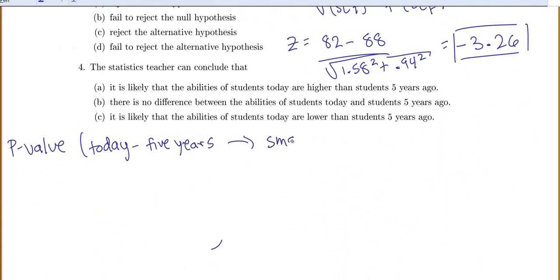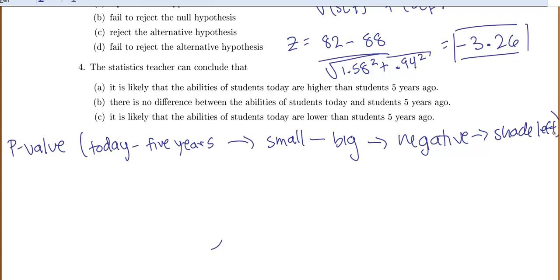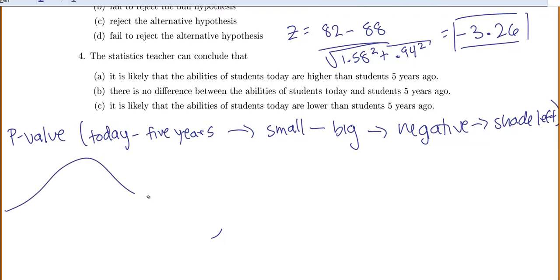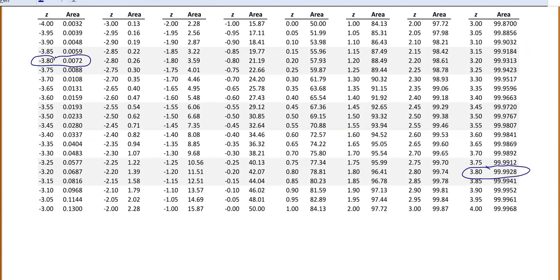So today should be smaller, whereas 5 years ago should have been bigger. So we have small minus big, so we're looking for negative values. So we'll shade left. If I look up negative 3.26, that area to the left is 0.0577.